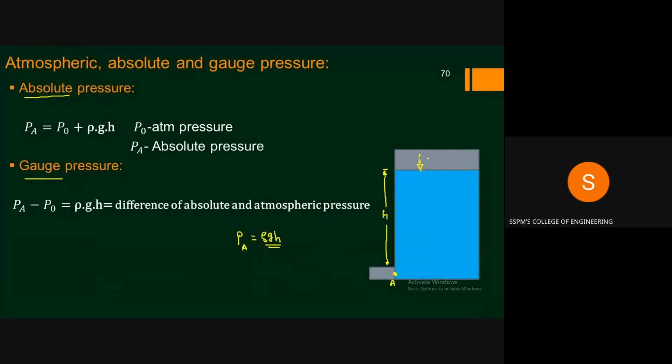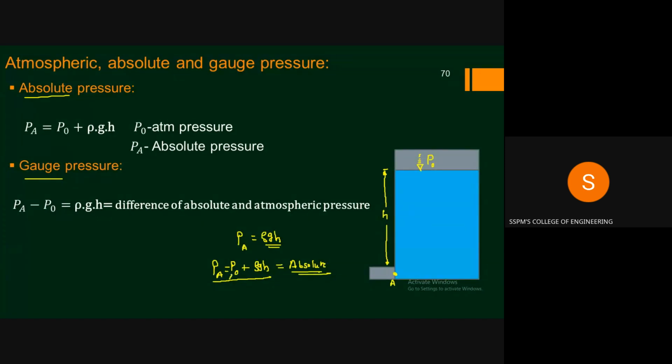This pressure is denoted as P naught. So if I consider this pressure P naught and the pressure because of the liquid height, then we have to write the total equation: Pa is equal to P naught plus rho gh. Okay, so this is the net pressure acting at point A. This pressure, which is with consideration of atmospheric pressure, is called as absolute pressure.